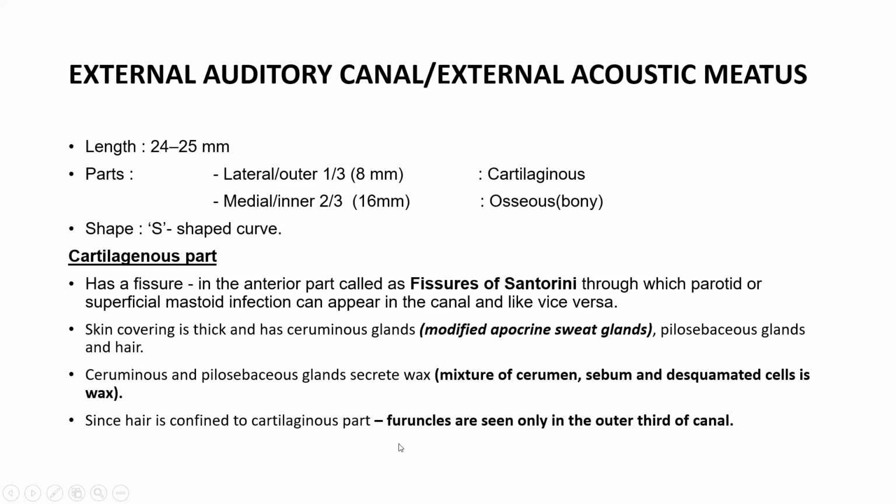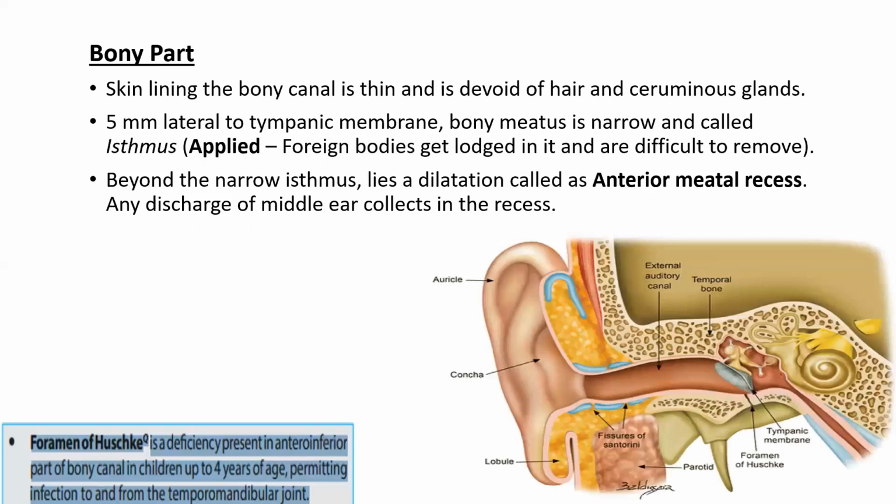Since hair is confined to the cartilaginous part, furuncles or folliculitis are only seen in the cartilaginous part of the external auditory meatus. Folliculitis or furuncle is not seen in the bony or osseous part. Here in this diagram, you can see the fissures of Santorini.